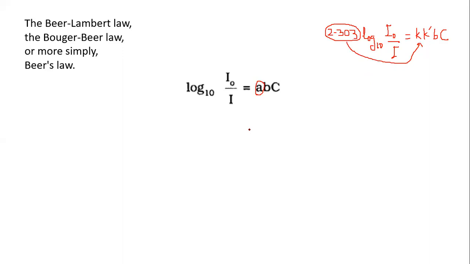This is a constant value. So I have combined the things together and arrived at this equation, that is log to the base 10 I0 upon I is equal to small a, small b, and capital C. Small b is path length, capital C is concentration, small a is referred to as the absorption coefficient. Fine.